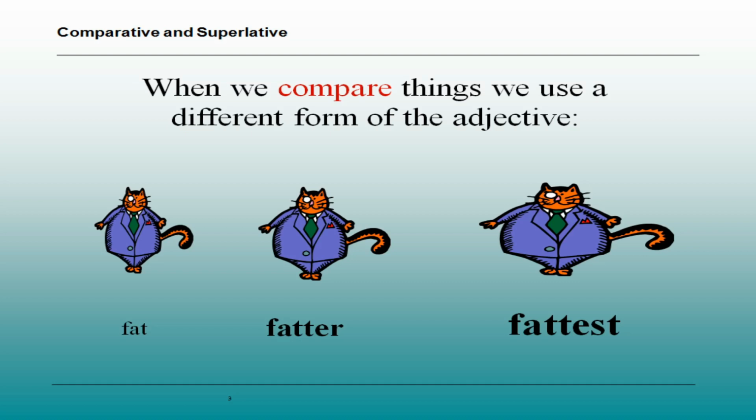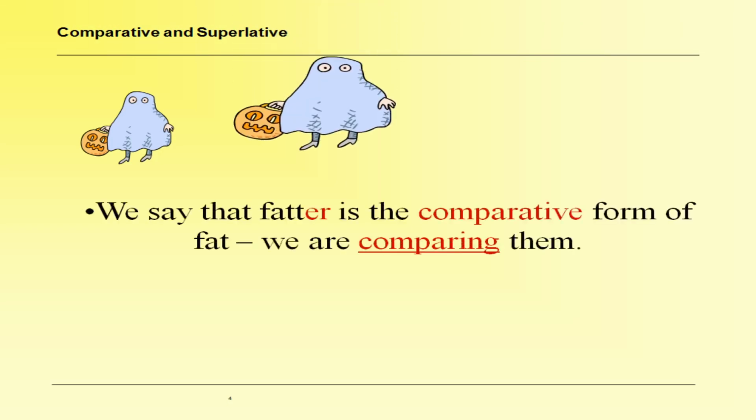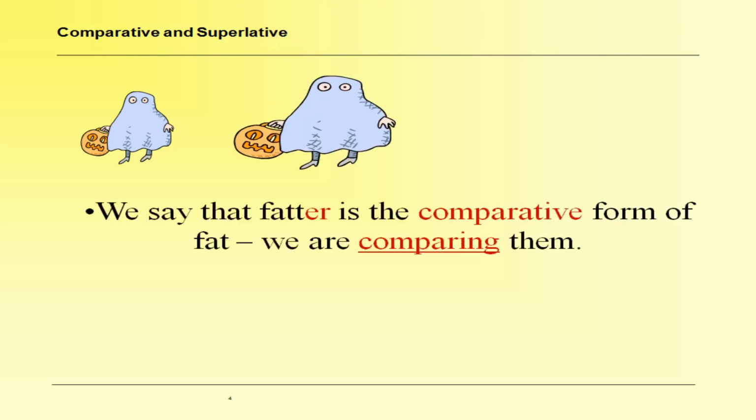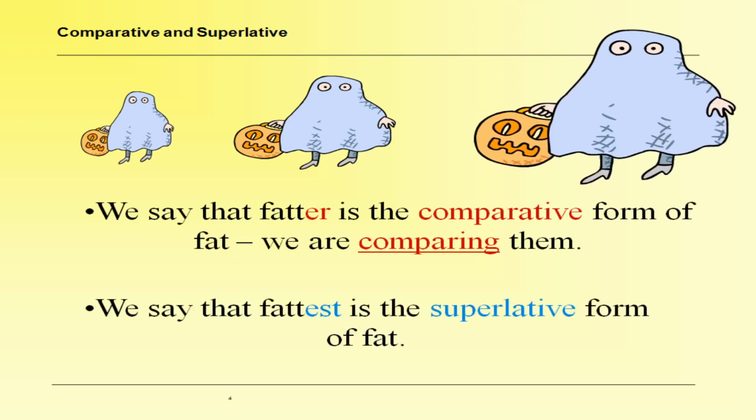And remember that we use than after comparative forms and we use the before superlative forms. Here we say that fatter is the comparative form of fat. We are comparing them. We say that fattest is the superlative form of fat.